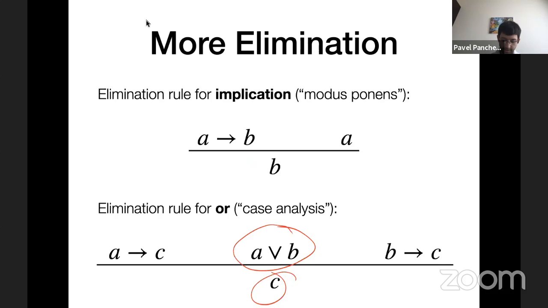Well, you'll need to be able to derive C from A. You'll need to be able to derive C from B, because you don't know which of A and B is true. And you need to prove C in either case. But if you know that A or B is true, if A implies C and if B implies C, then A or B should also imply C. And so that's what this elimination rule is doing.